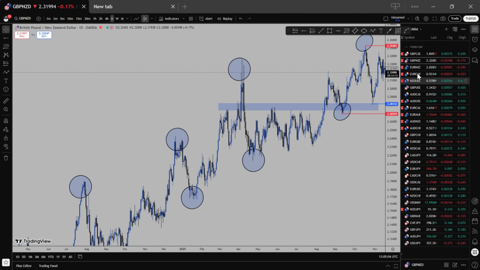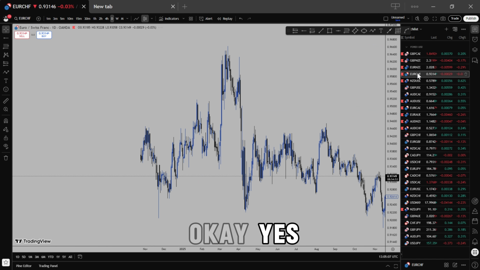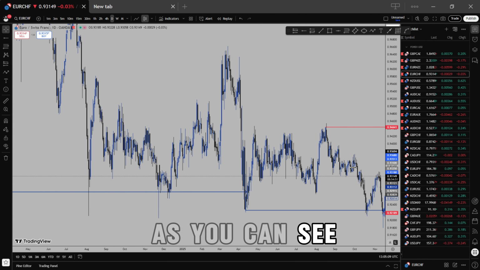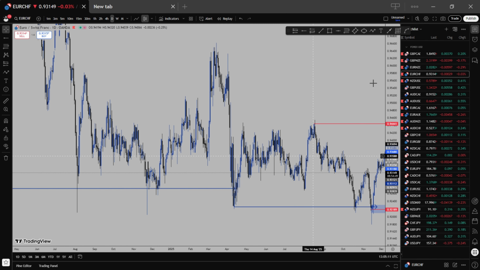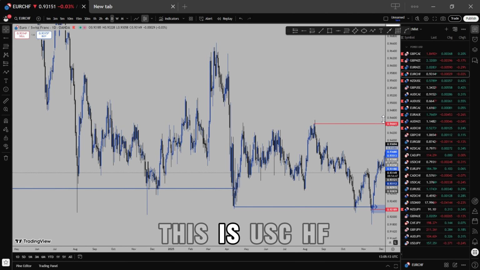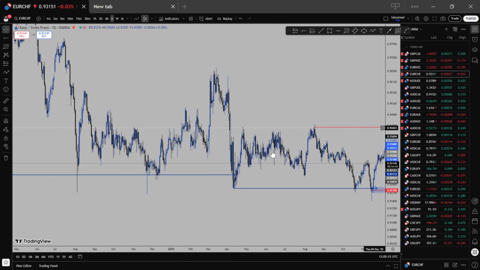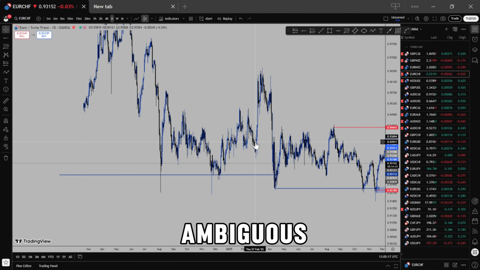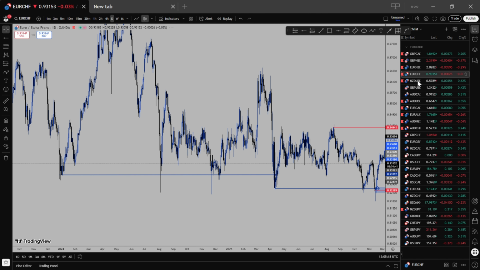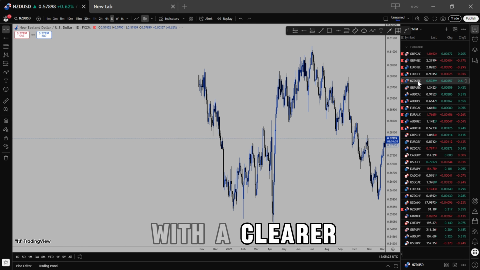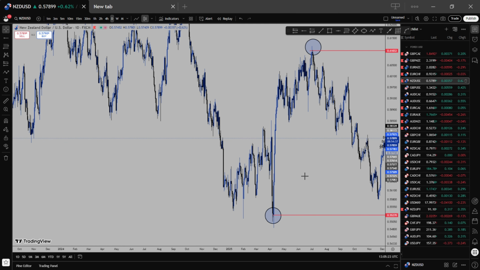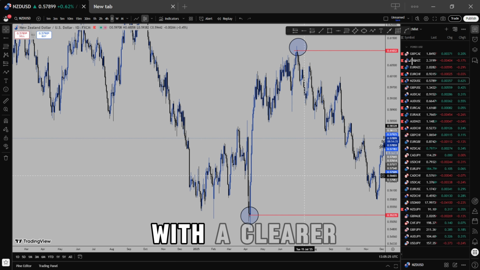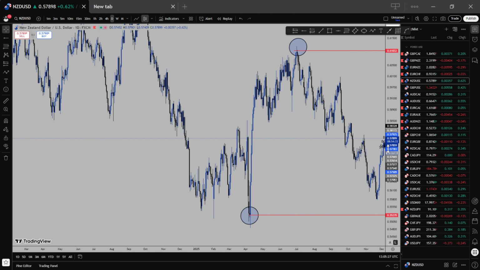Bullish also. Okay, yes. As you can see now, this is USDCHF. This one will be ambiguous. Let's look for another pair. I'm looking for a pair with a clearer bearish structure, guys.